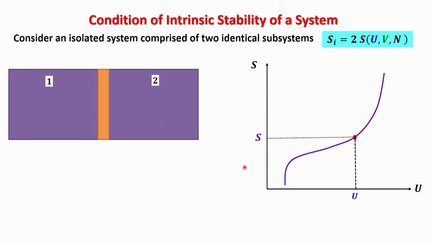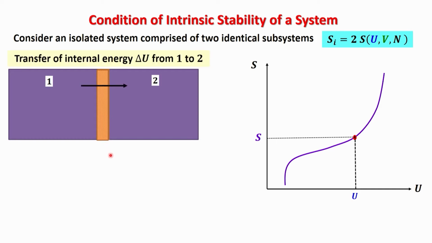Now, moving ahead, I will make this separating wall between 1 and 2 slightly diathermal. So, the nature of this wall changes, and this will allow the transfer of internal energy of delta U from 1 to 2, say.